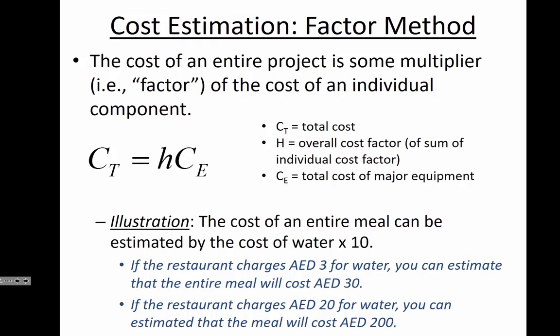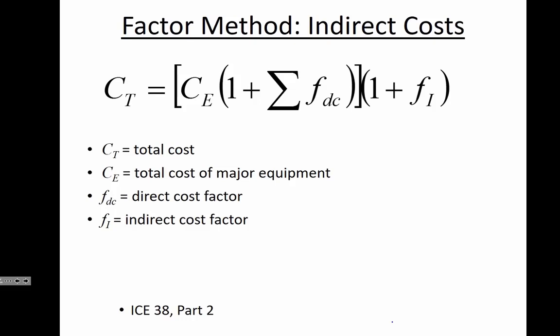All right, so in the in-class exercise, we're going to actually take that idea and go one step further. Remember that we've talked about direct costs and indirect costs before. Well, when you are estimating the overall cost of a project, you have to take into account the fact that it's more than just the equipment that you purchase.